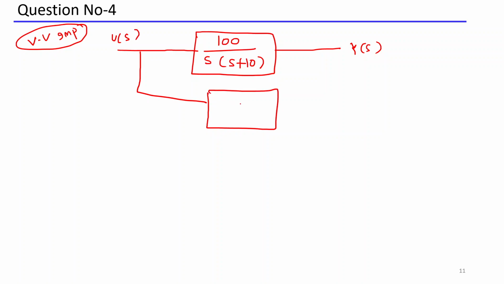This negative feedback H(s) is 1 divided by s plus 5, and the feedback is coming from the output. This is a negative feedback. Now I'm asking you to find out the steady state error.